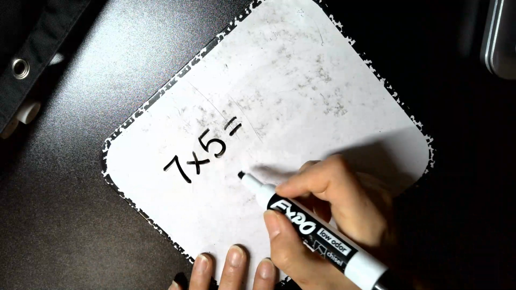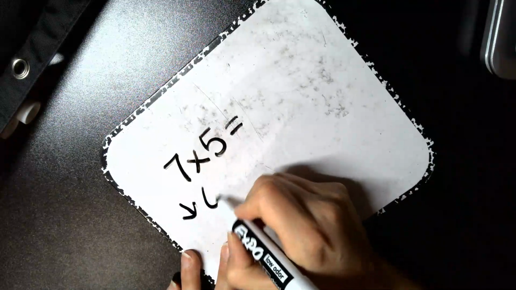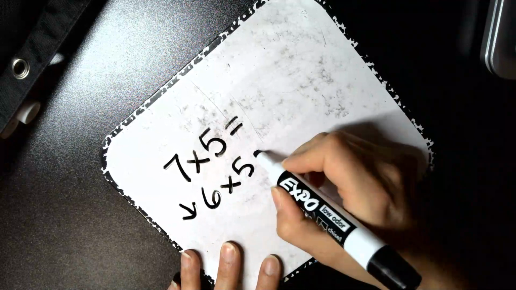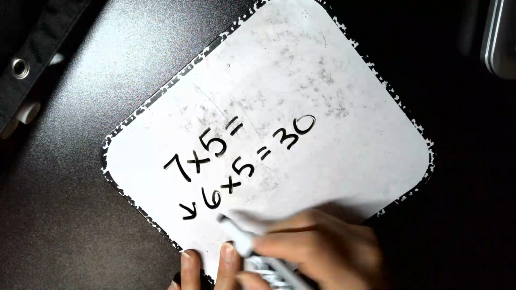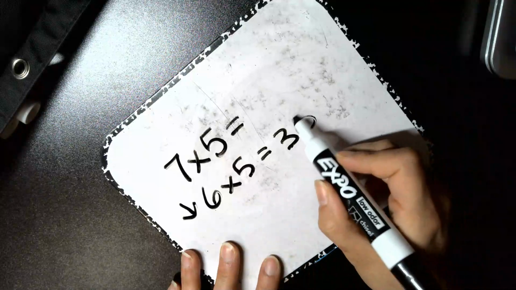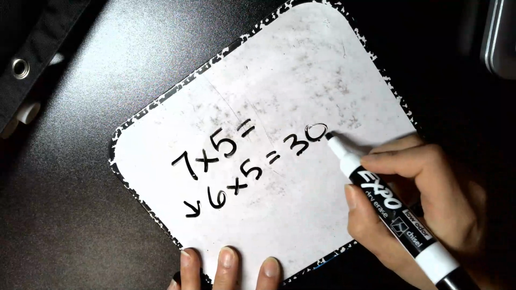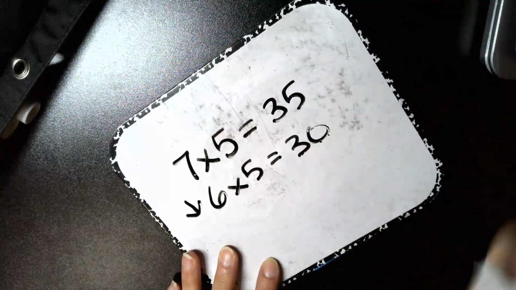So what you can do is you can do the number below it. What's 6 times 5? That would be 30, right? Because half of 6 is 3, and then we add the 0. So then, since 7 is just one more group of 5, you just add the extra 5, so 35.